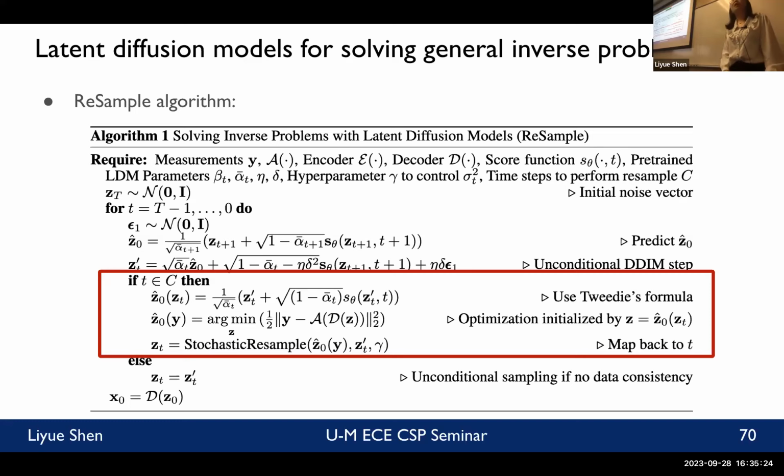We also have a comparison between DPS and our algorithm. For 2D images, I would say there is not a large difference in memory or time efficiency between latent and pixel. But we want this to open the door for 3D images, which is ongoing work, to really make 3D reconstruction happen. That is our motivation here.